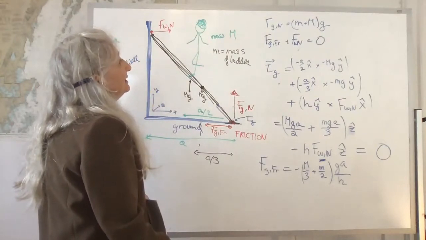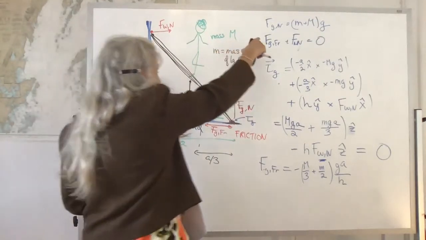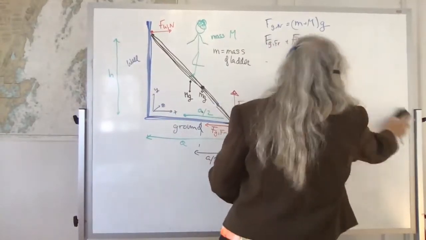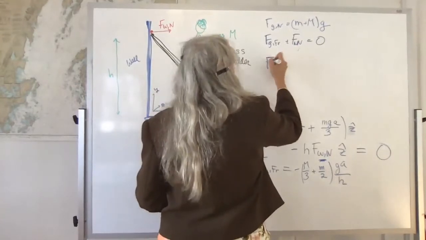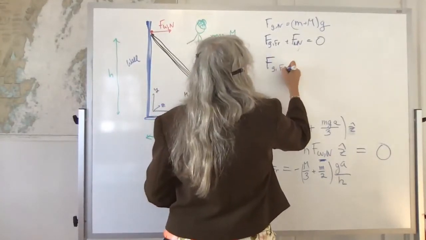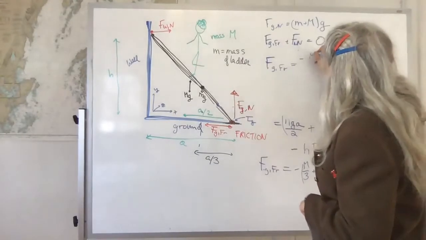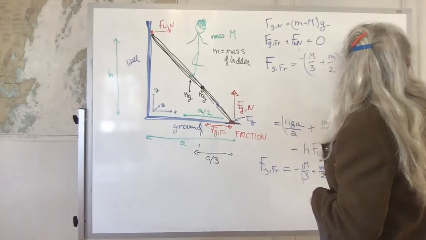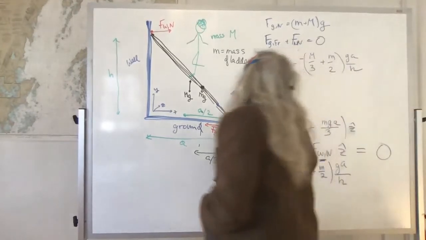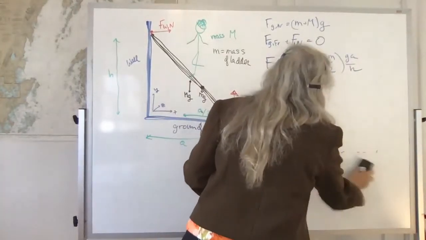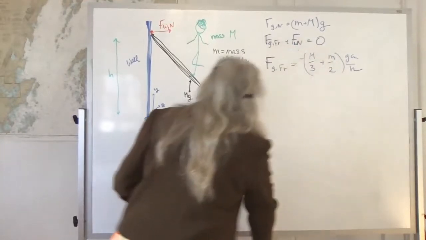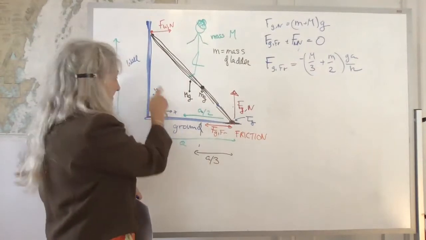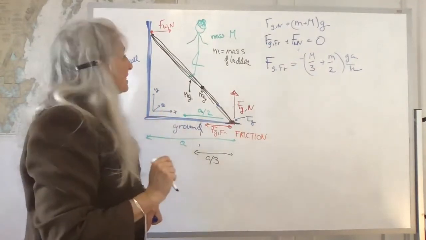So let's write this condition up here. F friction is equal to minus m over 3 plus m over 2 times ga over h. And this is a minus because it's to the left with this choice of coordinate system.